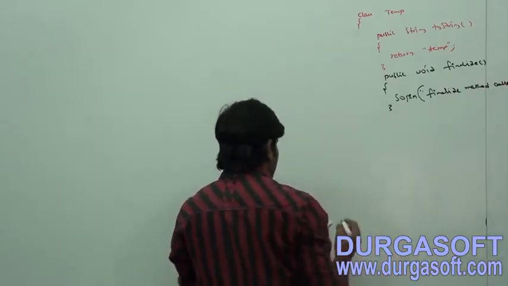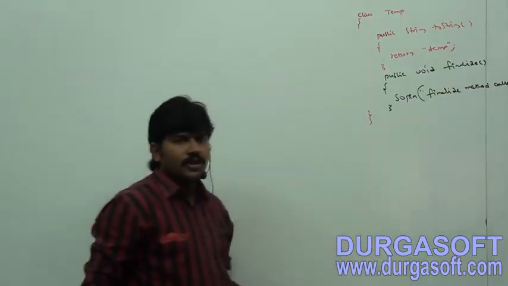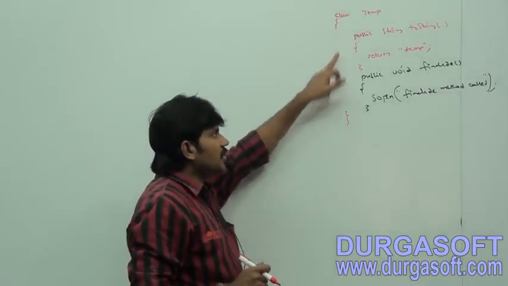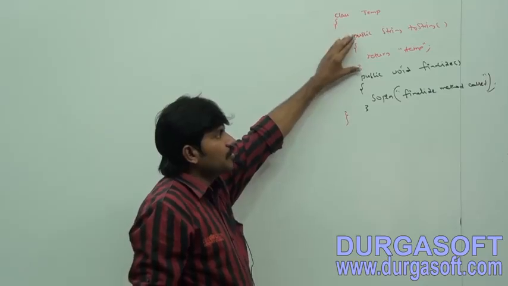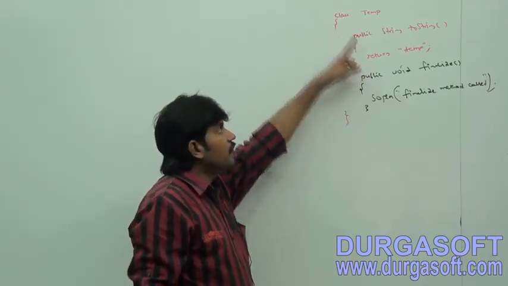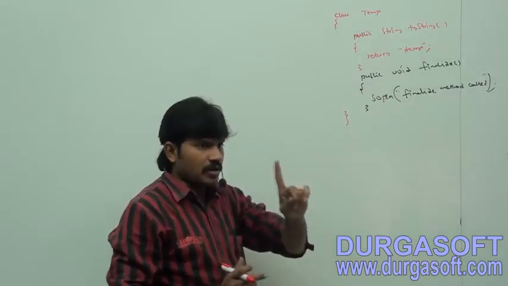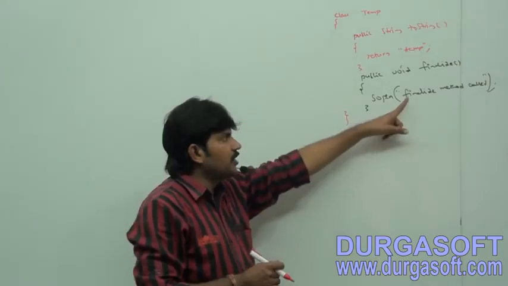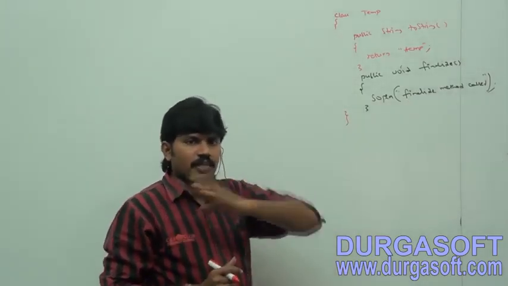This is the Temp class, right? Are you able to understand? So the Temp class contains how many methods? Two methods. The toString method is there, finalize is there. If the Temp object is destroyed by GC, then automatically the finalize method will be called. That is the guarantee. So if the finalize method is called, the println is there. If I can see this line, it means the Temp object was destroyed by the garbage collector, right?